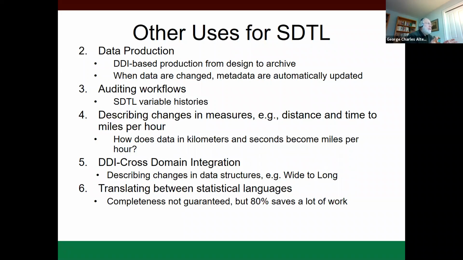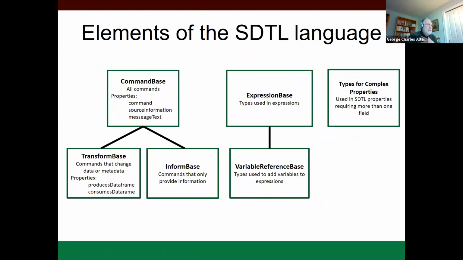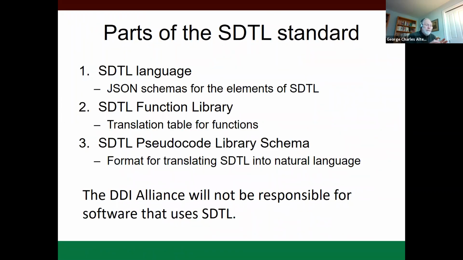But even if we help you with 80% of it, that's a tremendous advantage, and can save a lot of work if you have a lot of code that you have to move to a new system. So now, what does SDTL consist of?